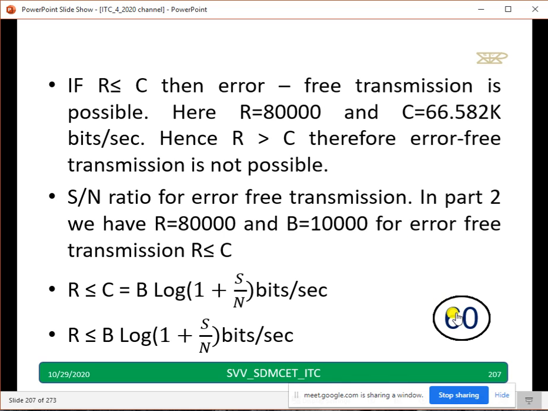Take 1 minute, copy down, and we'll see the next slide after 1 minute. Those who are getting an idea can continue and find out, and those who are not getting, I'll show you the next slide. Those who are able to do it can write their answer in the chat box.